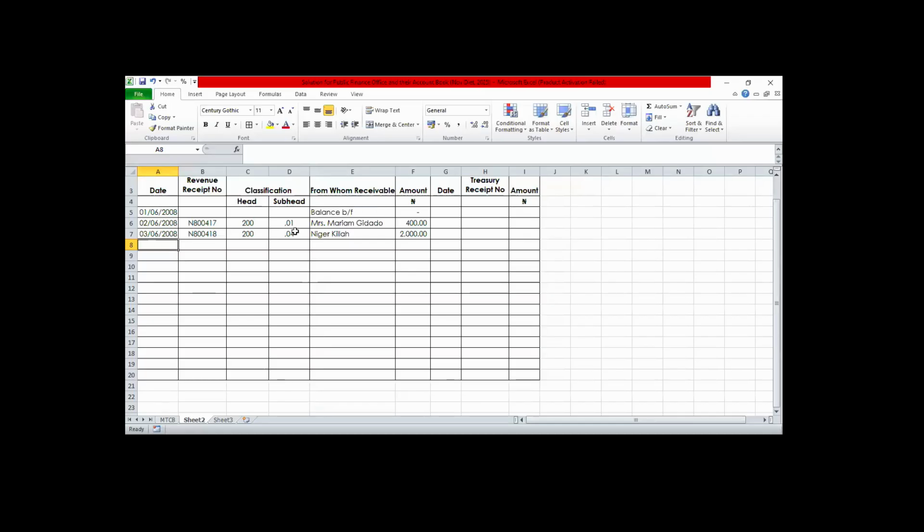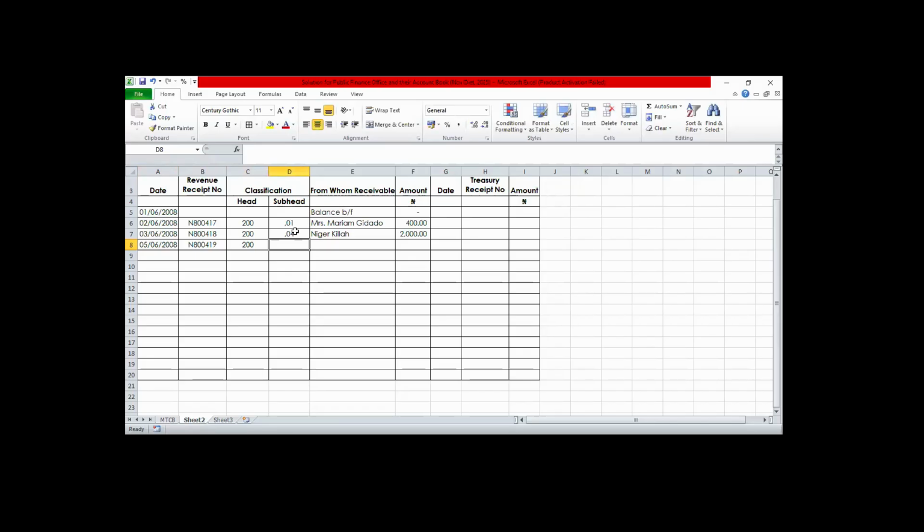5th of June, 2008. This will also be N800-419 under the head of 200. Who is this person and what does he pay for? Mr. Ibrahim paid for court fine.